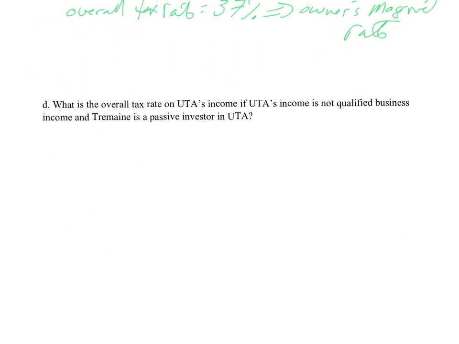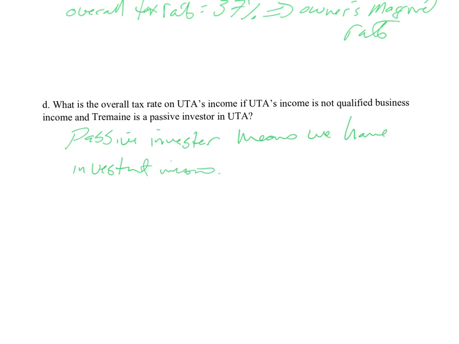All right, so that's part C. And then part D, what is the overall tax rate on income if it's not qualified business income and if Tremaine is a passive investor? So what do we know if it's a passive investor? Passive investor means we have investment income. Okay, we've got this net investment income tax.